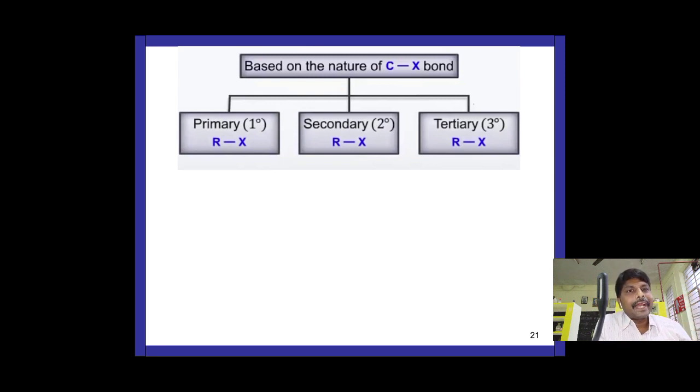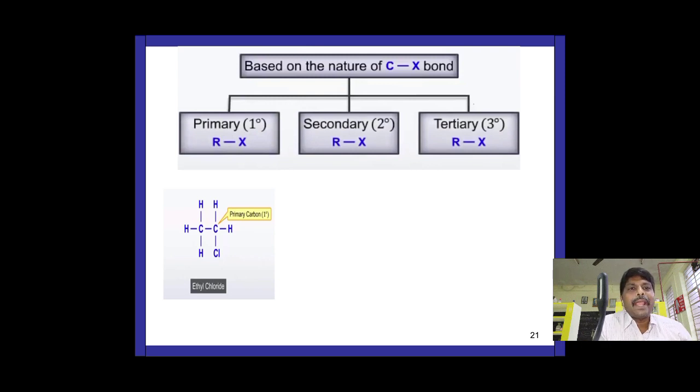Monohaloderivatives are again classified into 3 types based on the nature of carbon. If it is a primary carbon, then that alkyl halide is called a primary alkyl halide. If it is a secondary carbon, then it is called a secondary alkyl halide. If it is a tertiary carbon, then it is called a tertiary alkyl halide. First we will say primary carbon.